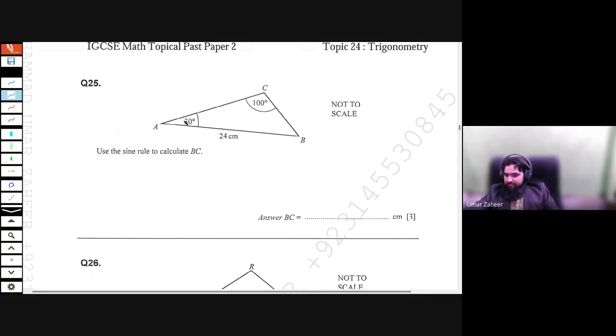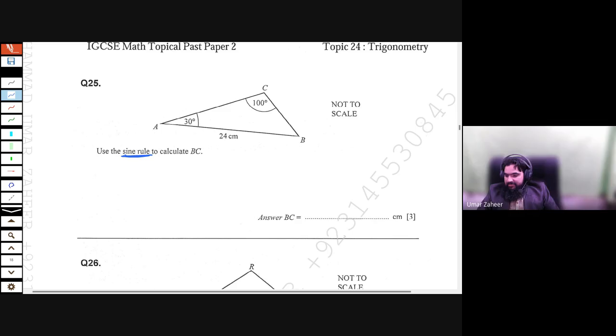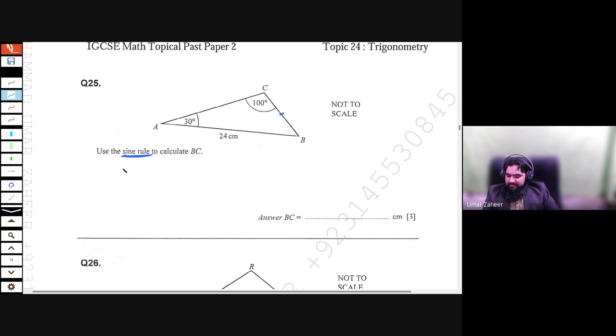Yes, Daniel, tell me about this one, question number 25. Sir, look at it, it says that you have to use the sine rule. From which side do we have to start the sine rule? We have to find BC, so always start from the unknown side.